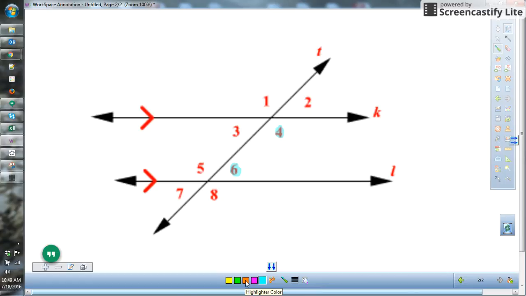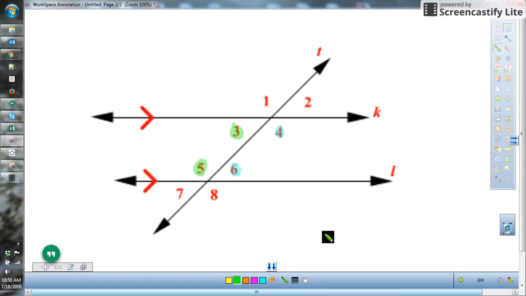Now, the other pair of consecutive interior angles is going to be, I'm going to highlight them green, angle 3 and angle 5. Again, consecutive because they're right next to each other, and interior because they're in between those parallel lines.